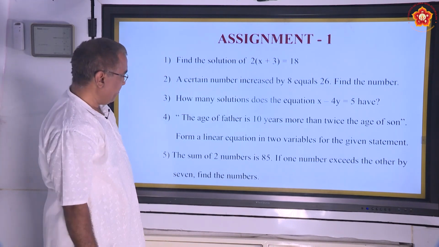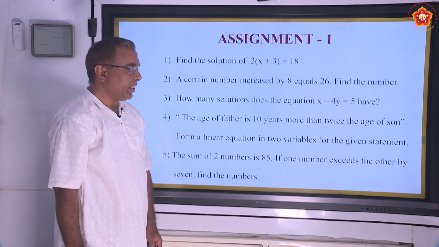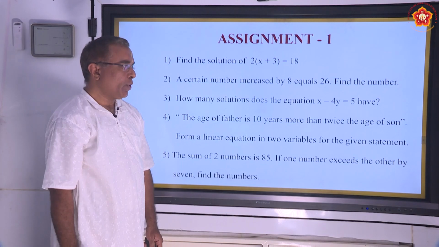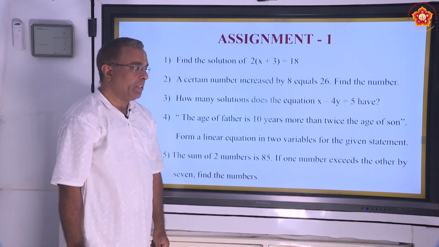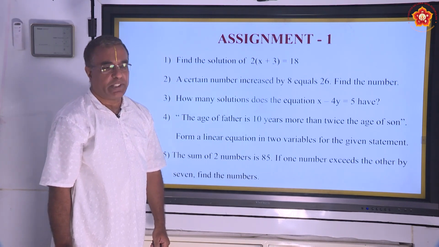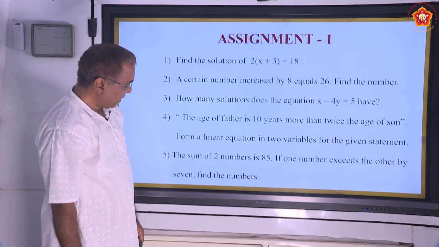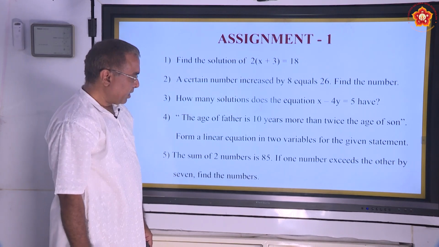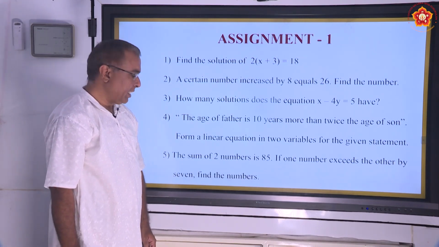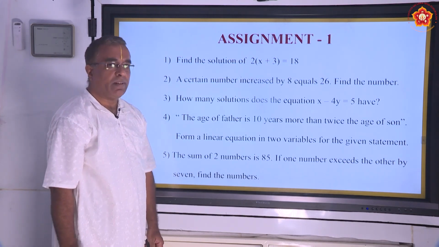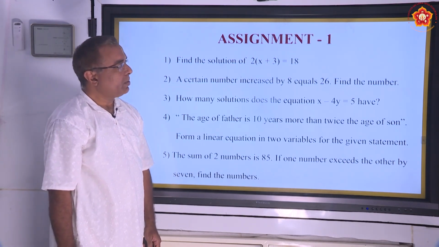The fourth question, the age of father is 10 years more than twice the age of son. Form a linear equation in two variables for the given statement. And the last question, the sum of two numbers is 85. If one number exceeds the other by 7, find the numbers.